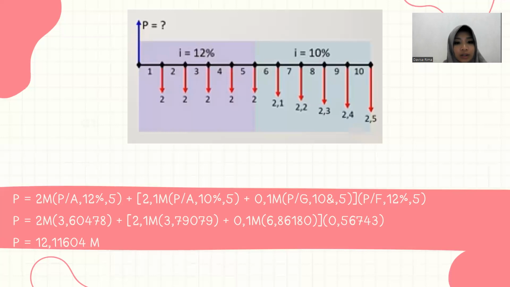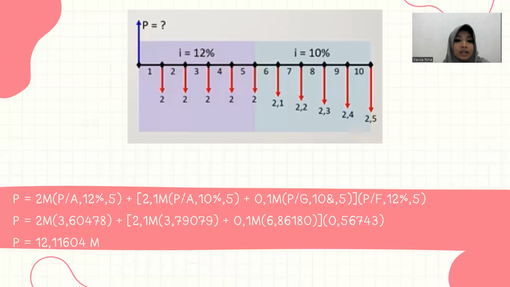Then we open the interest table, 12% and 10%. We look at the value of each function in our equation. For interest rate i equal to 12%, under the function P over A, and to the right n equals 5, we will get this value.